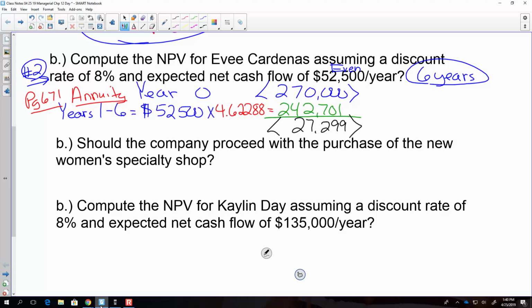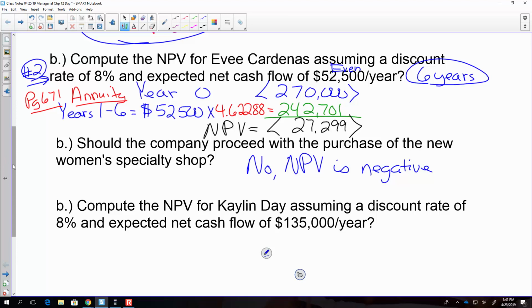So this is my net present value, and net present values can be positive or negative. If it is negative, should we purchase the specialty shop? And the answer is no. Net present value is negative. So we certainly wouldn't then purchase that particular capital investment. And that's really the function of all of our models here, is to determine, do we invest in this capital investment or should we not?